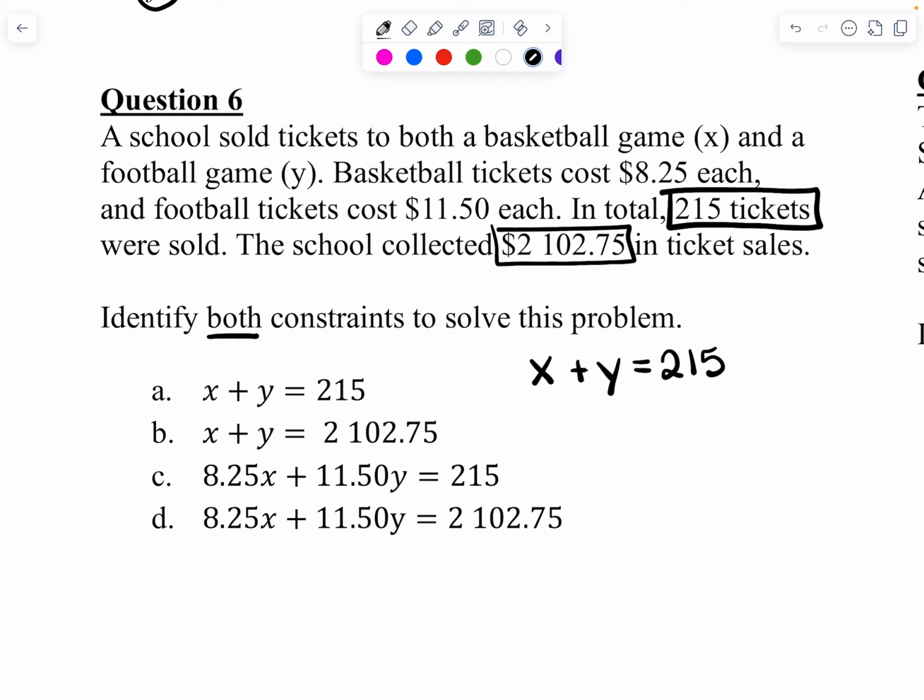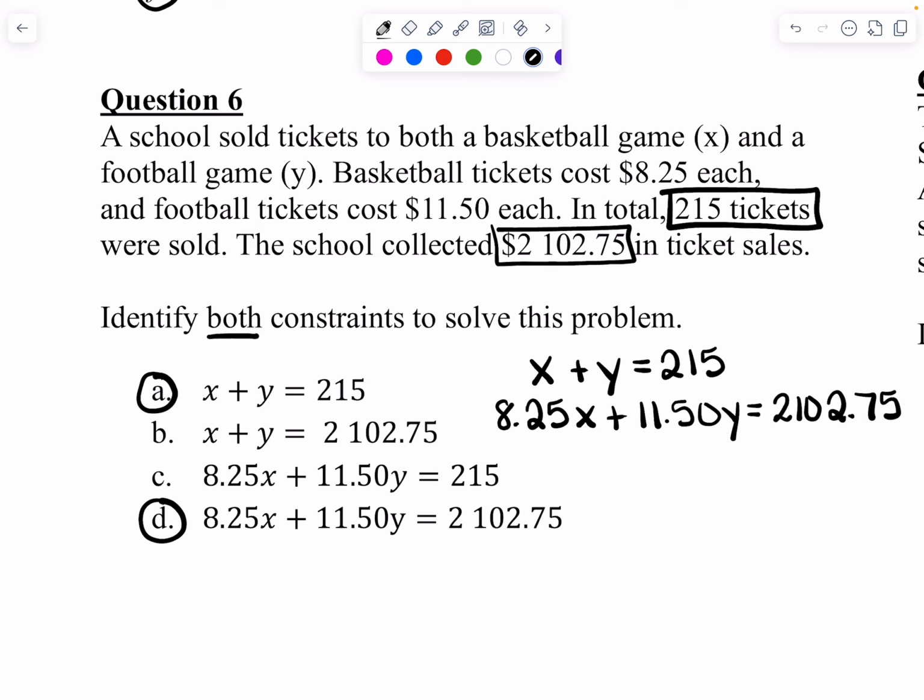Now, the cost of a basketball ticket was $8.25 for the basketball ticket, plus $11.50 for the football ticket, and then we spent $2,102.75. So now if I'm looking for both equations, the first one would be equation A. The second one matches equation D.